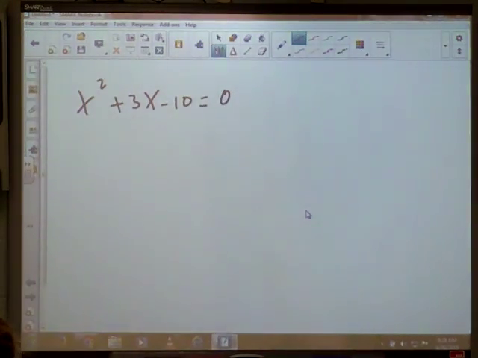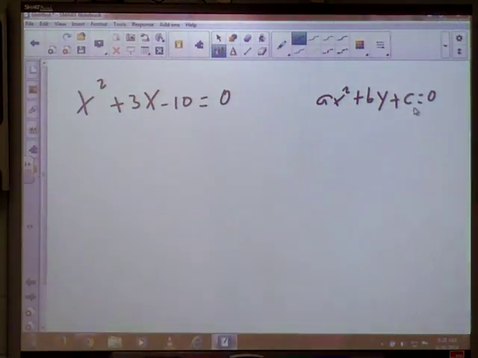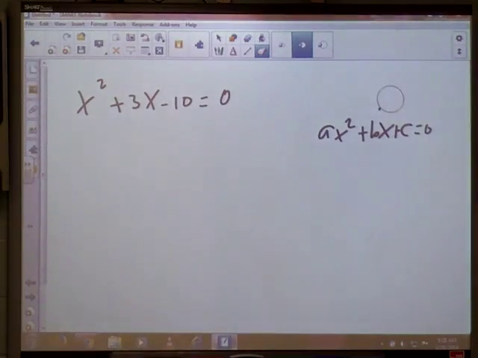Okay? So to check and see if this thing is factorable, remember this is standard form, it's ax squared plus bx plus c equals 0. My first period class is doing linear, and I tried to mix those together. Anyway, I look at my a.